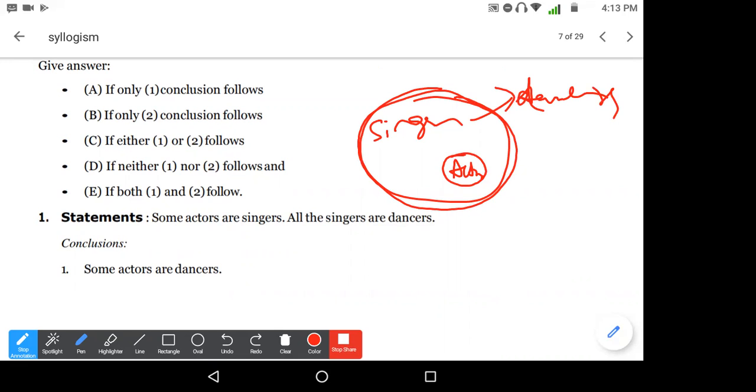So what is the conclusion? Let us see what is the conclusion. The first conclusion, some actors are dancers. See, if you see here, some actors are singers, all the singers are dancers. So I can also say some actors are dancers also.